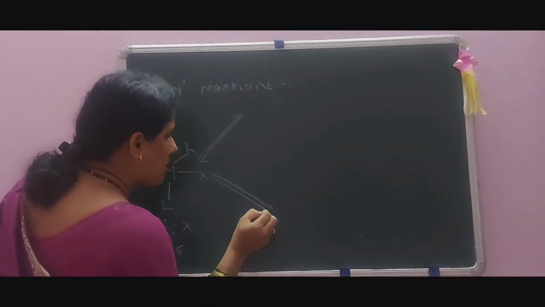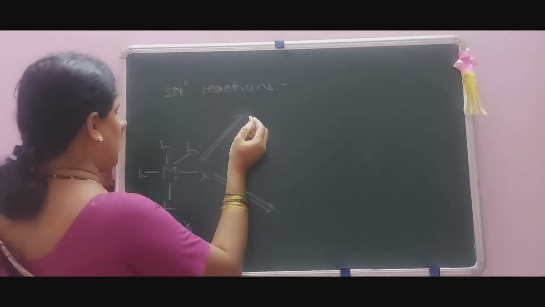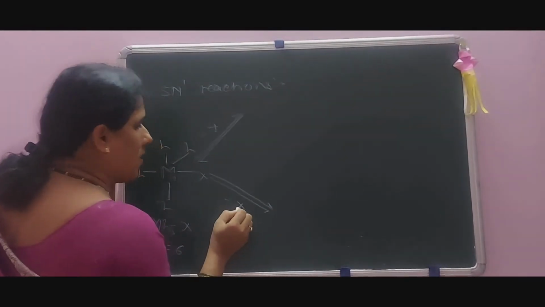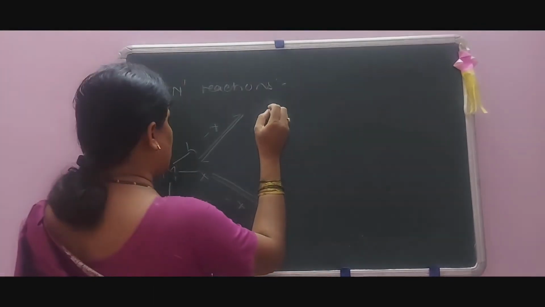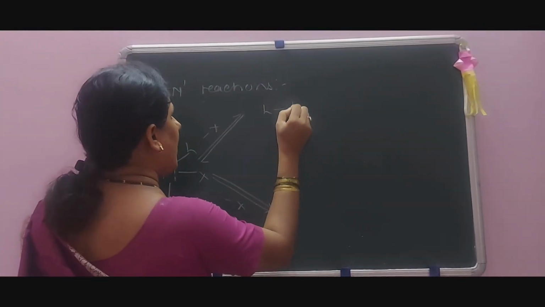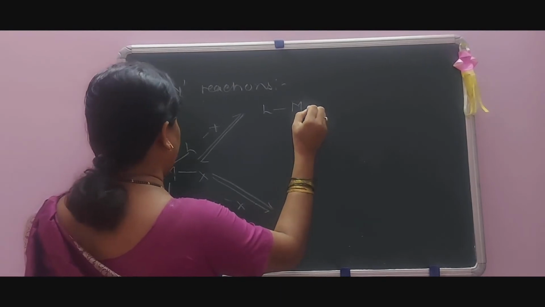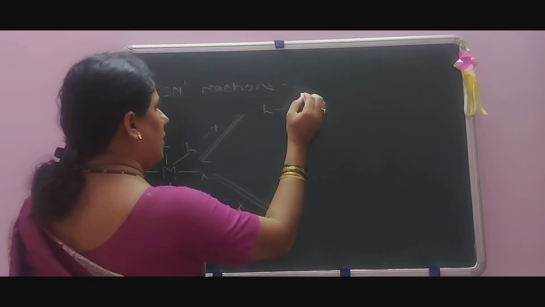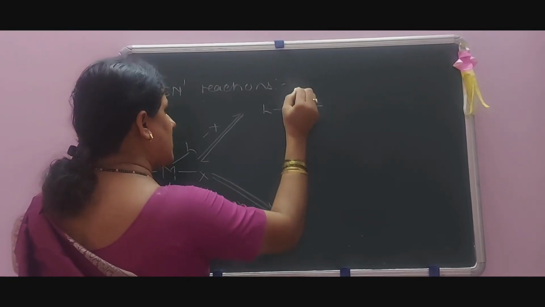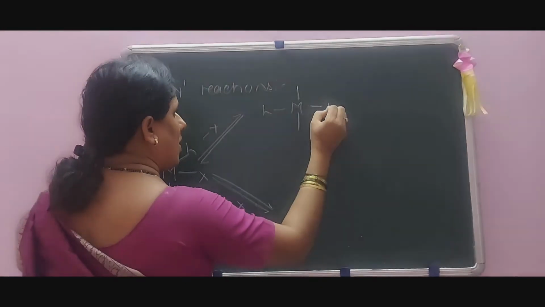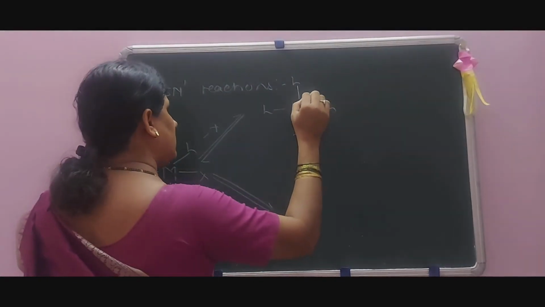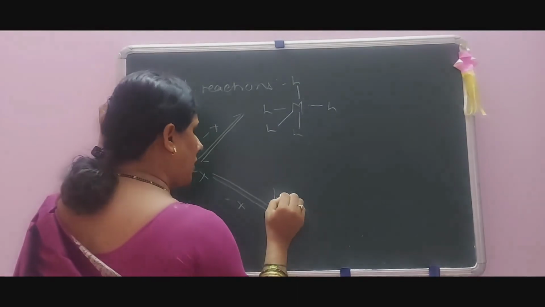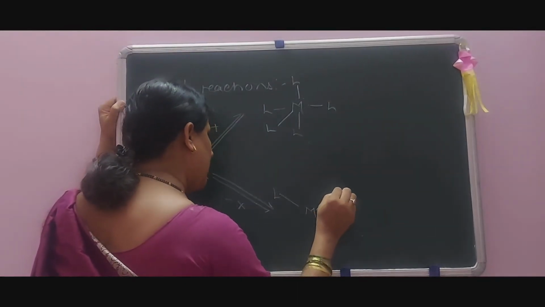The first path is minus X here, and here also minus X here. What is the remaining one? ML5.